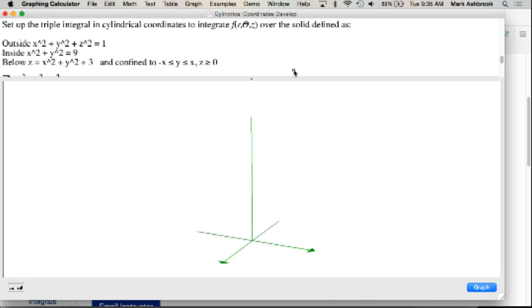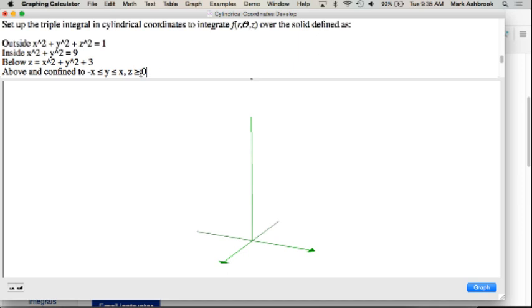And here's the solid. Outside, x squared plus y squared plus z squared equals 1. Inside, x squared plus y squared equals 9. Below, z equals x squared plus y squared plus 3. I should say above, z equals 0.